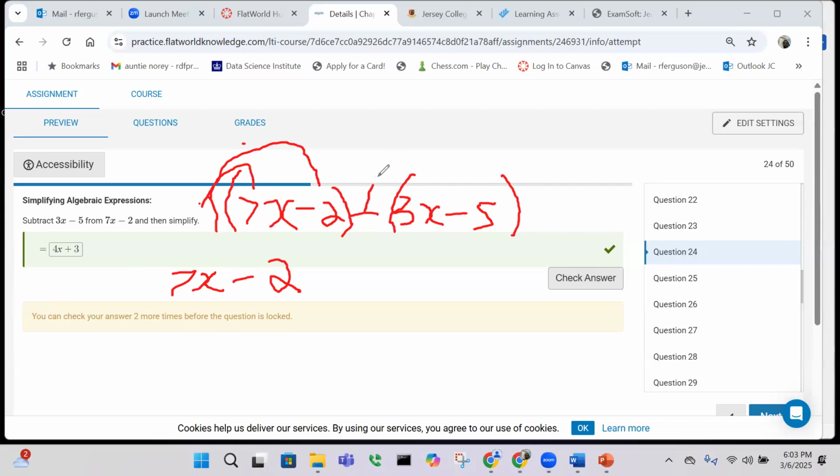You have to remember this negative will change every sign inside. That becomes negative 3x. And here's where people make a lot of mistakes. They put minus 5. Minus 5 is incorrect. Why is minus 5 incorrect?